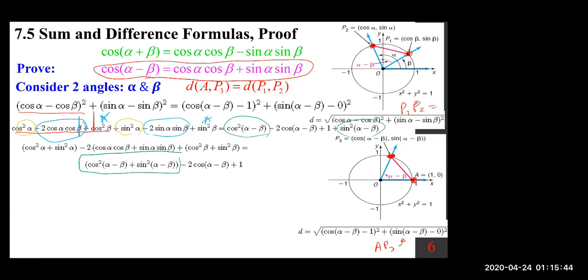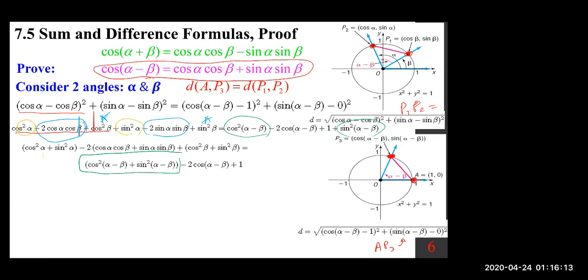And so what we notice is that some of them add up accordingly. So if you look at the left side, let me use another color. Let's see, maybe we can grab a yellow one. So what is cosine squared plus sine squared? 1.